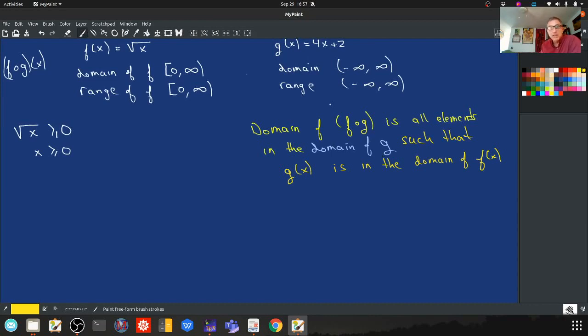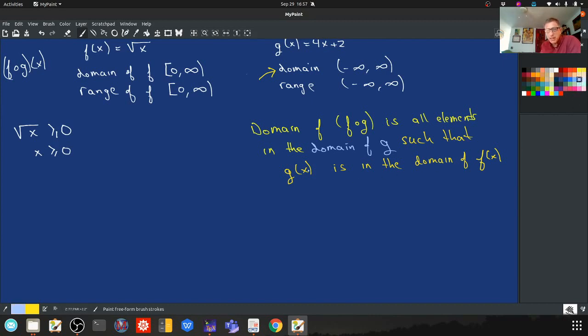So what that tells us is that the domain I'm going to find is going to be taken from this domain. It's either going to be the same or a smaller set. So it's all elements in the domain of g, so that's a big huge domain, minus infinity to infinity, such that g of x is in the domain of f of x.